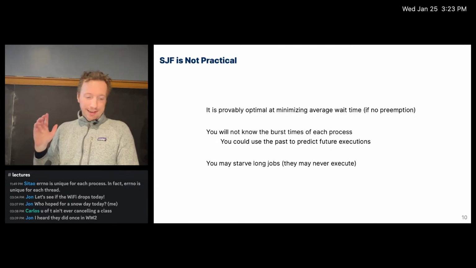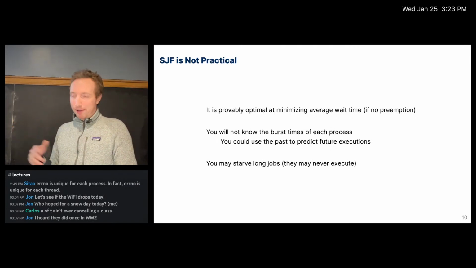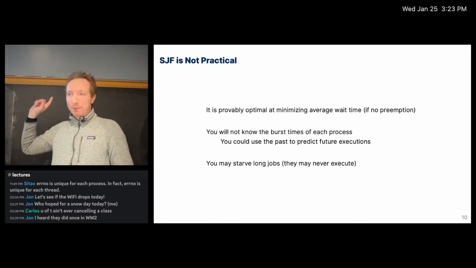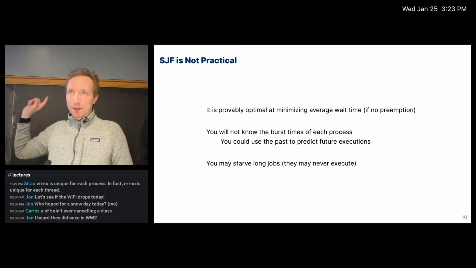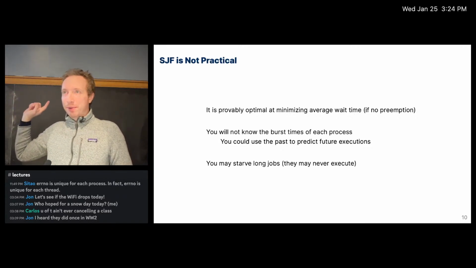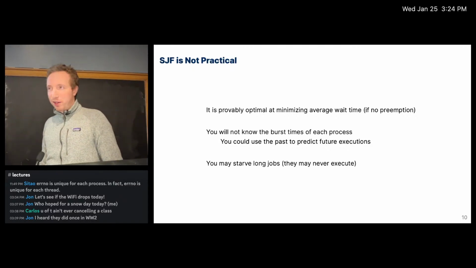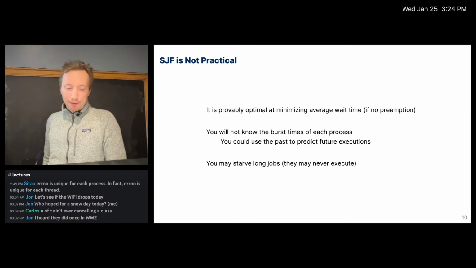So going into that, it's not practical. It's provably optimal to minimize average wait time, but again, like you just pointed out, you don't know the burst times of each process. That puts a wrench in our plans. You could use the past to predict future executions, AI, whatever.